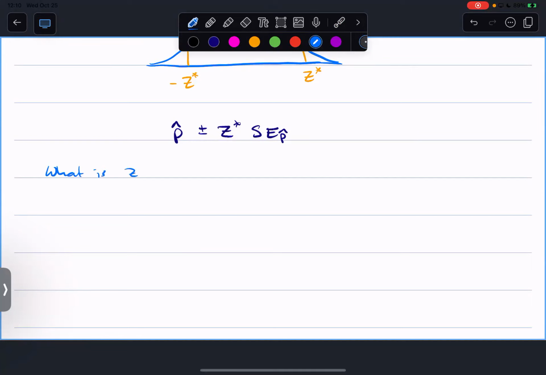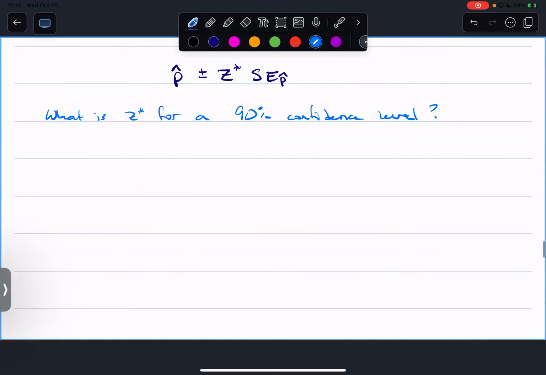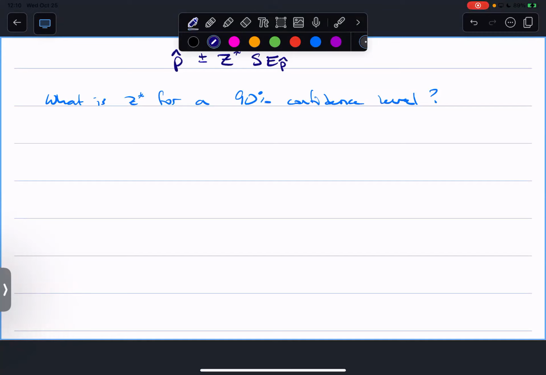So let's do it. What is Z star for a 90% confidence level? Remember I said that a lot of the things that we learned so far, especially stuff regarding the normal distribution, we're going to use. If we start here, Z is centered on 0. I'm going to force this area to be 90%, or 0.9.